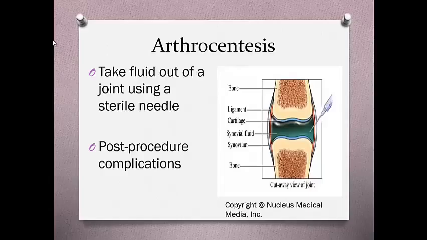Arthrocentesis is helpful to diagnose the specific type of arthritis occurring within the joint and make sure that there's no infection or something else causing it. Also, it's helpful to look at if there's any crystals in the fluid or what's the components in the fluid to rule out other problems.